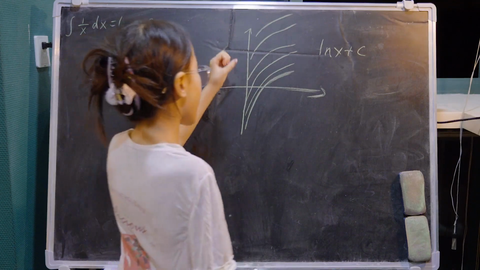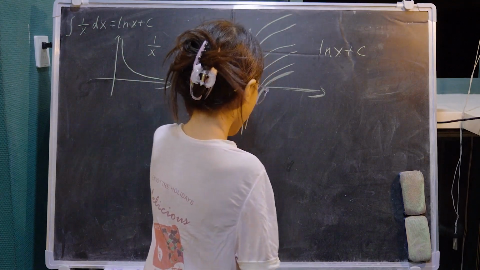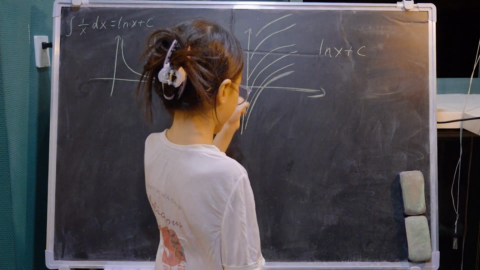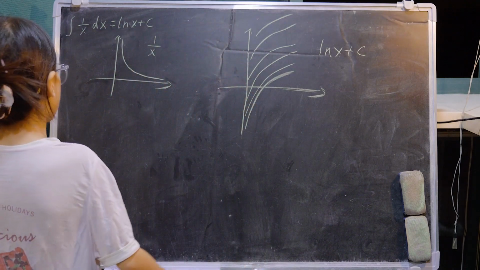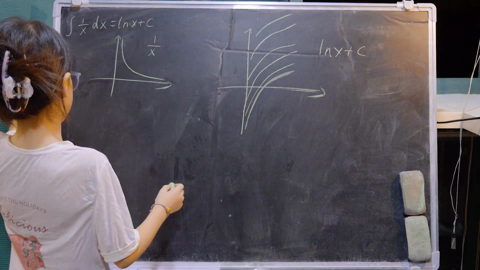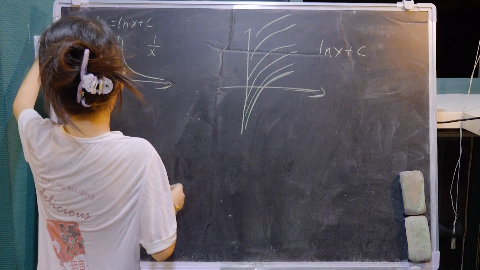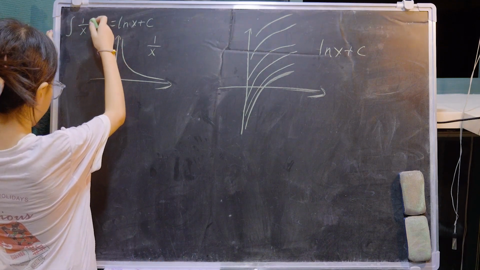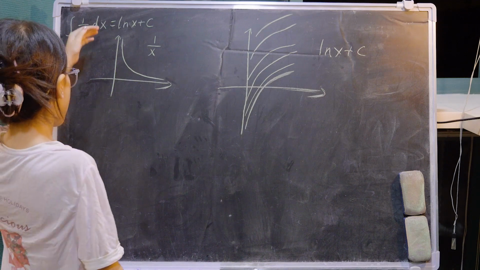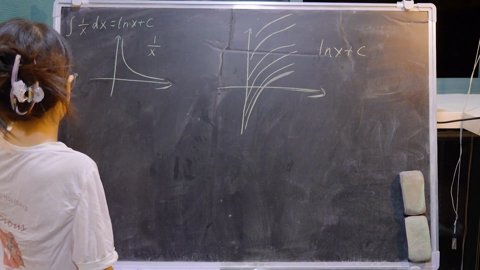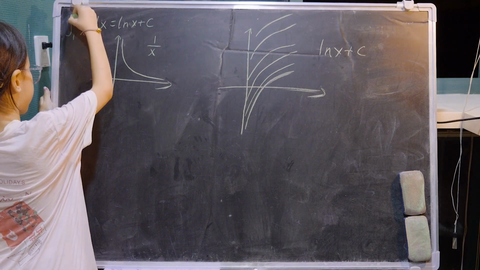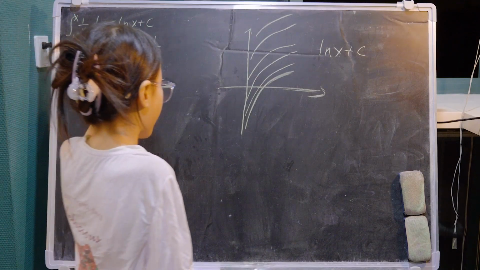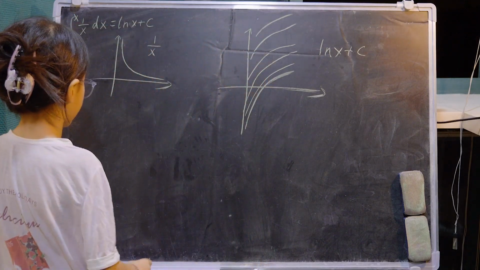We all know that the x value of the intersection is 1. So we can give the antiderivative a domain from 1 to x.